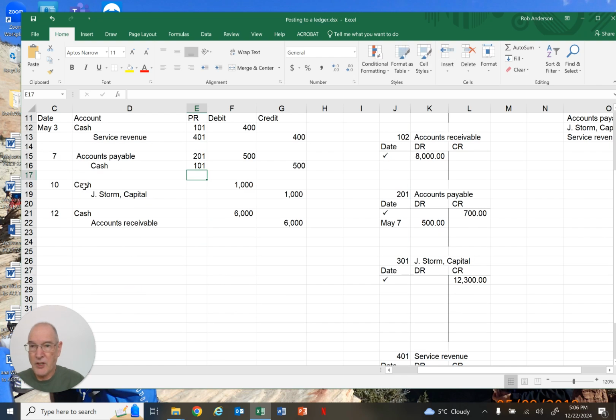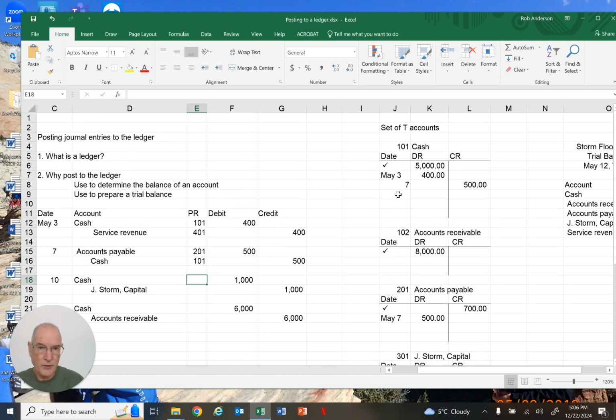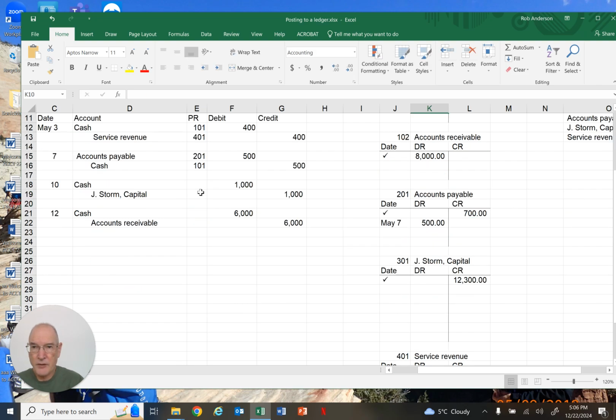Okay, now here we receive cash because the owner invested money. So we're going to go to cash, and it's May 10, and we have a $1,000 debit. So I'm going to put in a 10. And then I'm going to put in our $1,000 debit. And cash is 101. So we put in the account.